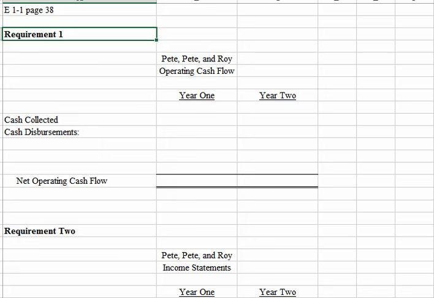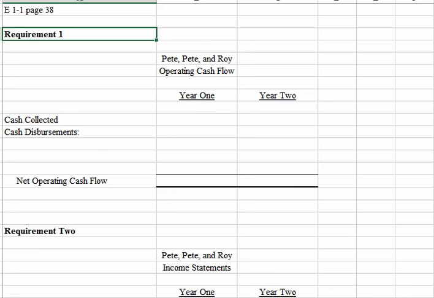And on Connect Plus, you'll find a problem similar to exercise 1-1. I think it's called homework exercise 1-1 that you'll work for a grade. It's similar to this problem. It'll be worked out in much the same way, but it'll have different numbers. And you can try it again and again until you get the correct answer.